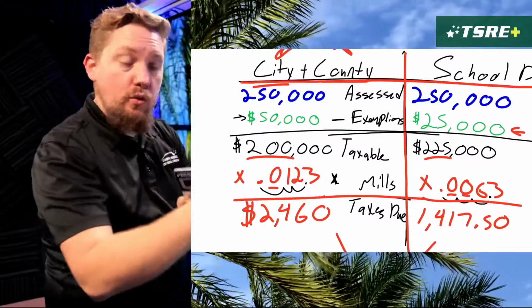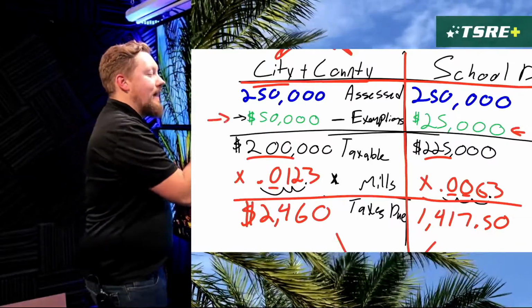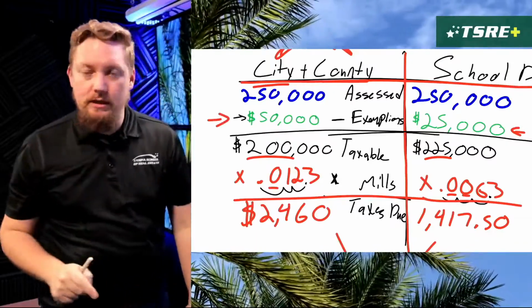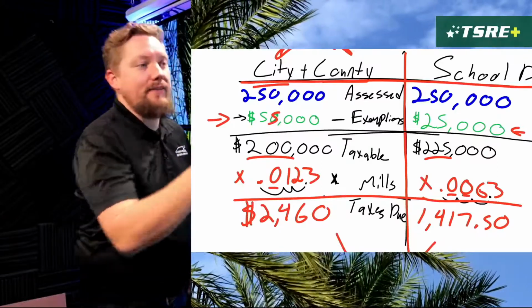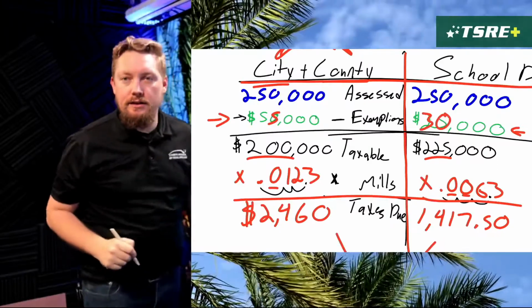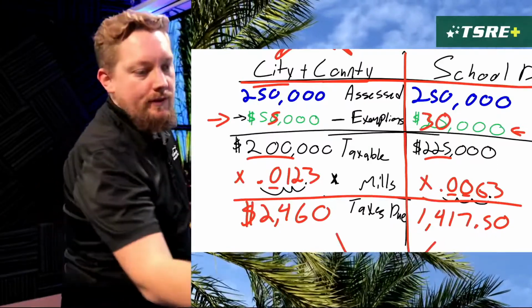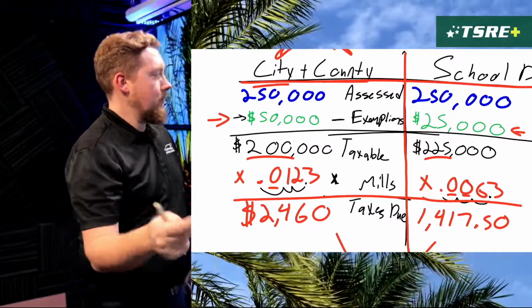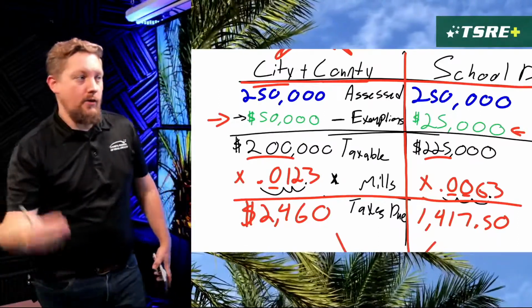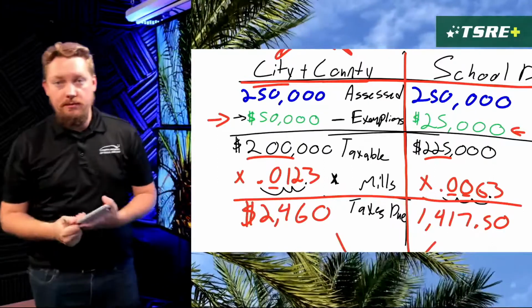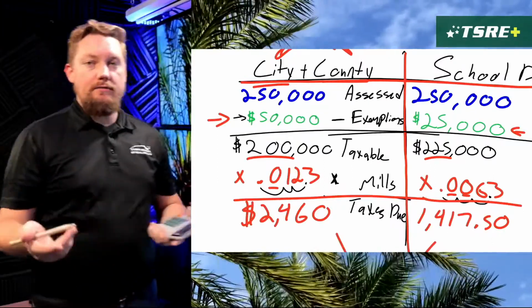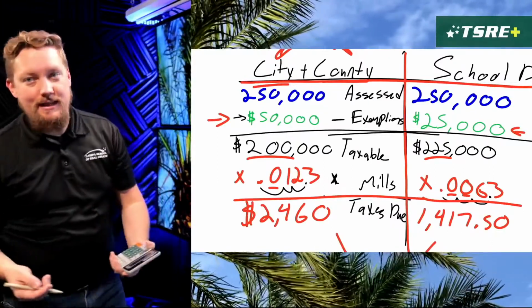So even for the school board, an additional $5,000 in exemption. So that would have made this $55,000, and that would have made this $30,000 if this were a widow or a blind person, legally blind, or a non-veteran who's totally and permanently disabled, or a veteran who's at least 10% disabled.